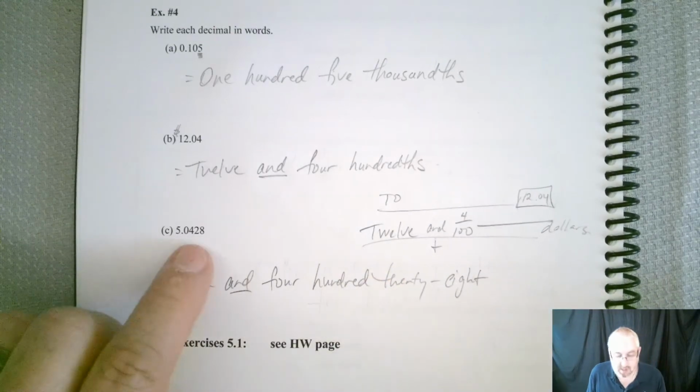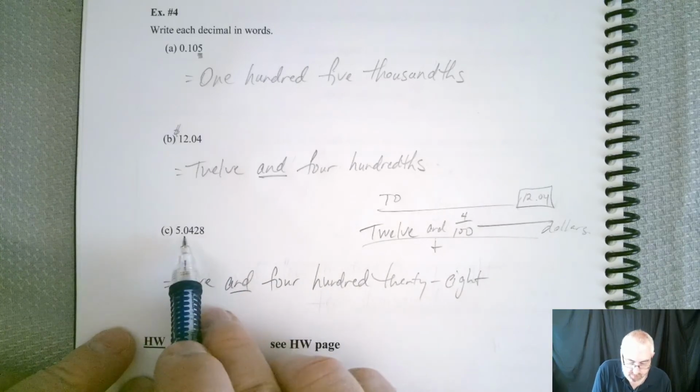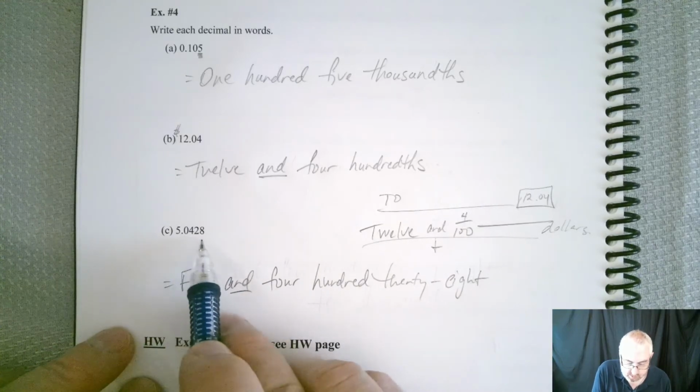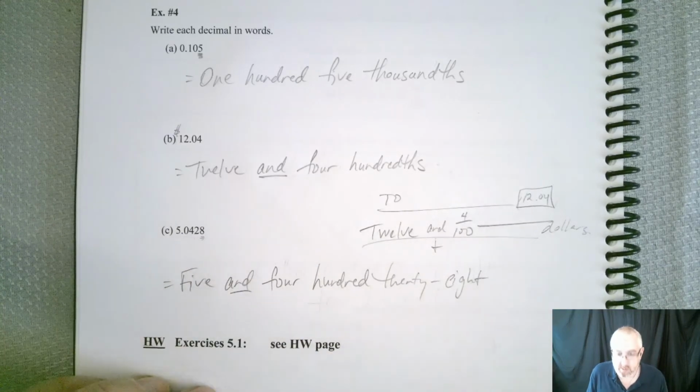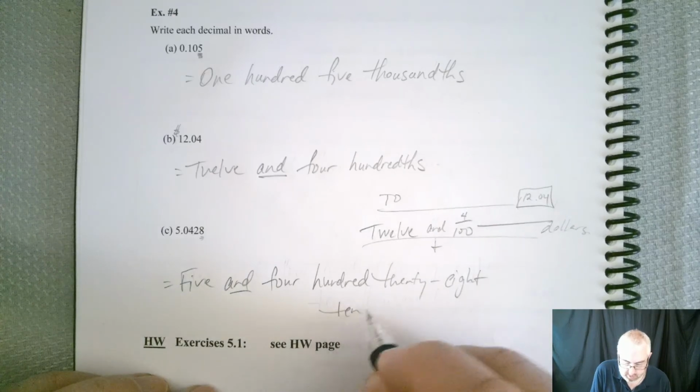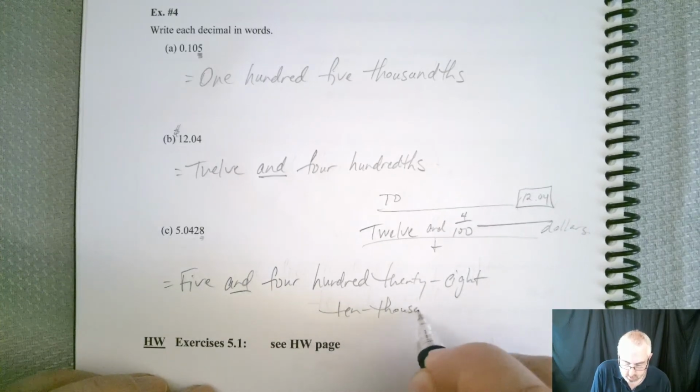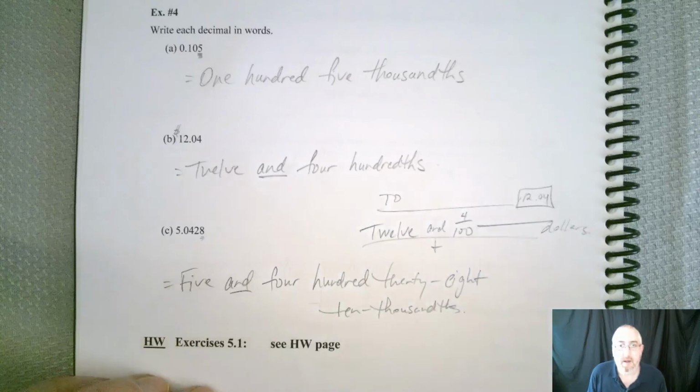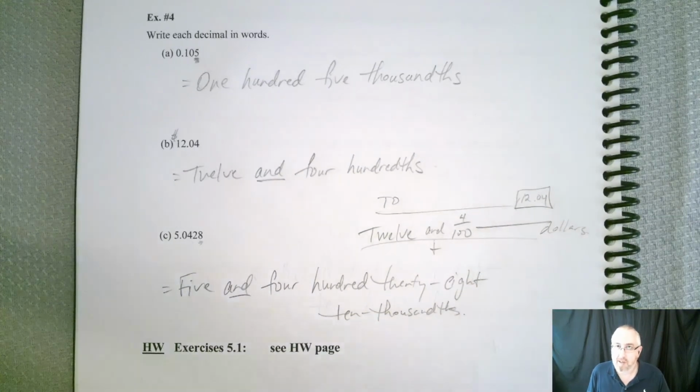But now what's the last place value? So tenths, hundredths, thousandths, 10 thousandths. So 10 thousandths. All right. So you got to be a little bit careful with this stuff.